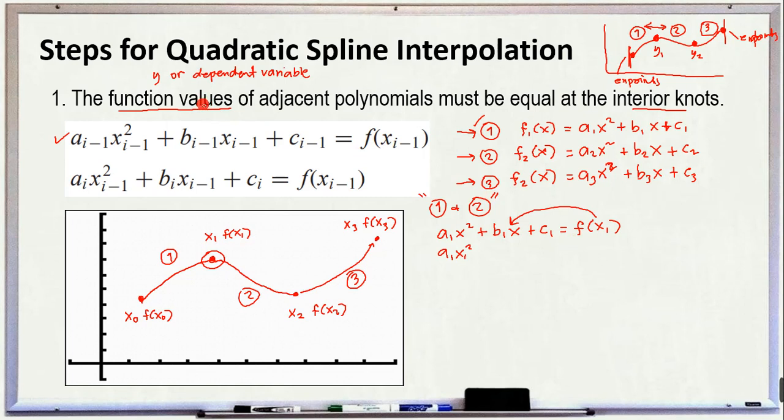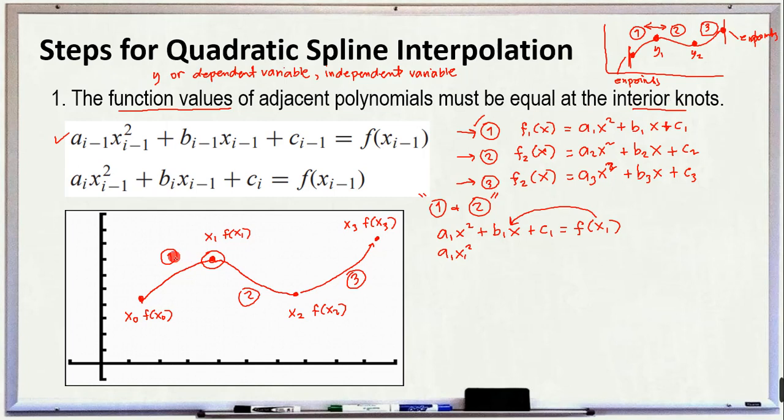So pasabot ani function values, y, or the independent variable plus the independent variable. Okay, kay function values man. So, dapat equal sila og y ana ang dapita og x anang dapita. So, ang common nga knot, must be equal at the interior knots.